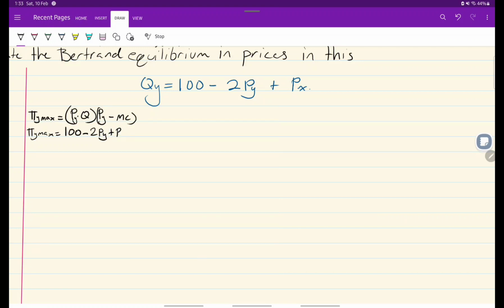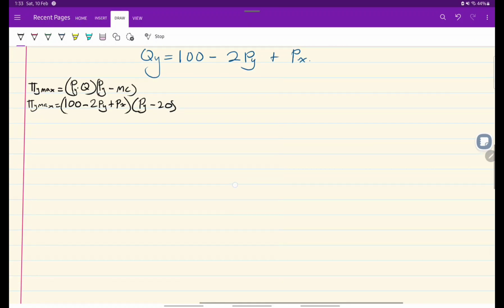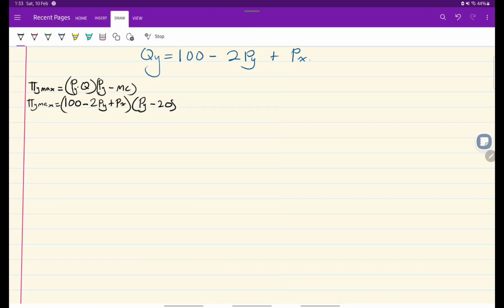Plus Px multiplied through $20. So I'm trying to keep it all in one line.